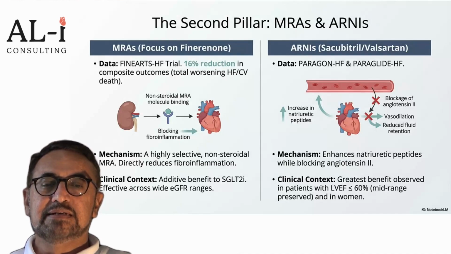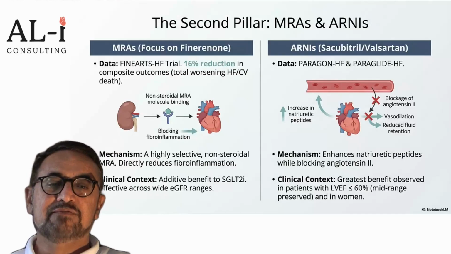The ARNIs enhance natriuretic peptide signaling while blocking angiotensin, the second pathway. The clinical benefit has been most apparent in patients on the lower end of the preserved EF range, especially those with EF 60% or less and in women.